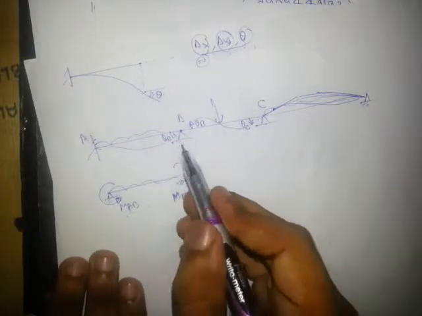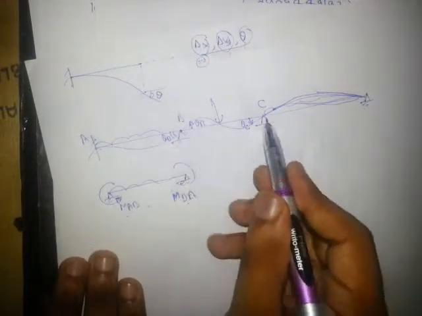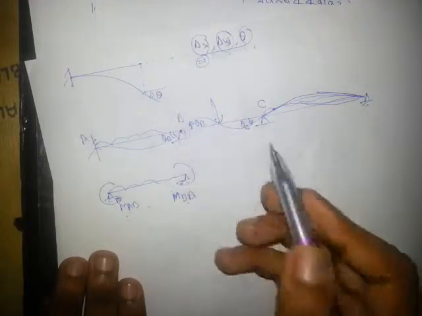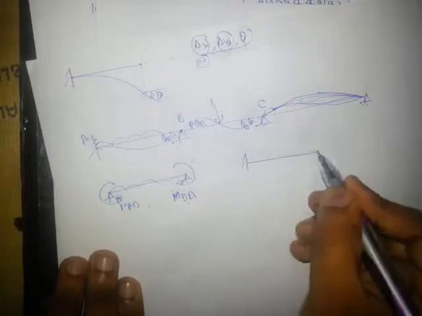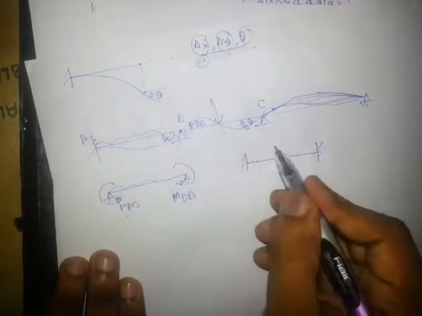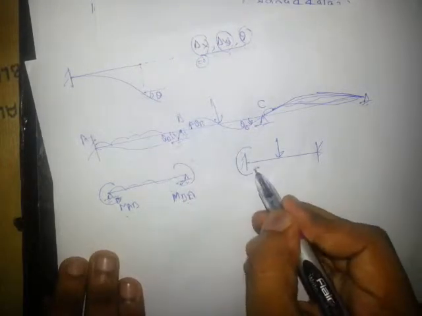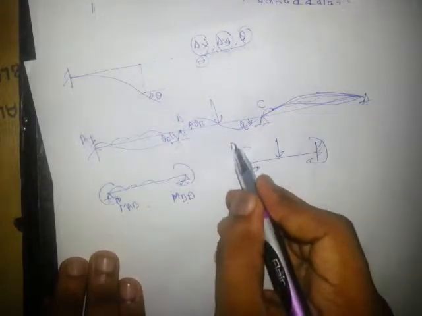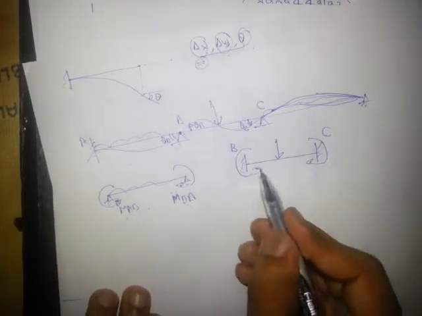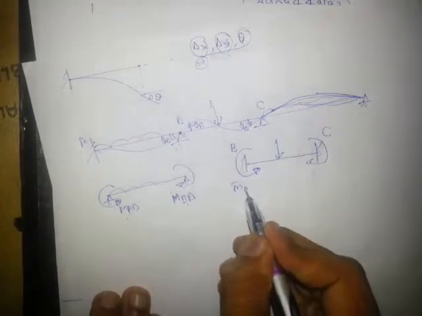Now I say that if I treat both the joints as fixed, because these are partially fixed, so I can calculate the fixed end moment. This is B and this is C, so we can calculate M bar BC and M bar CB.